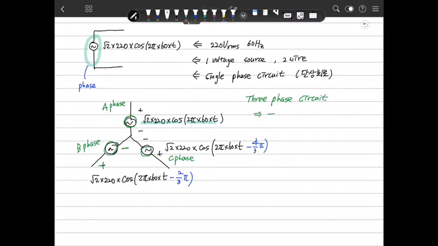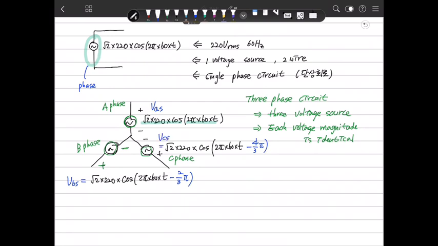A circuit consists of 3 voltage sources and each voltage magnitude is identical. That means we define this voltage as VAS, this voltage as VBS, this voltage as VCS.